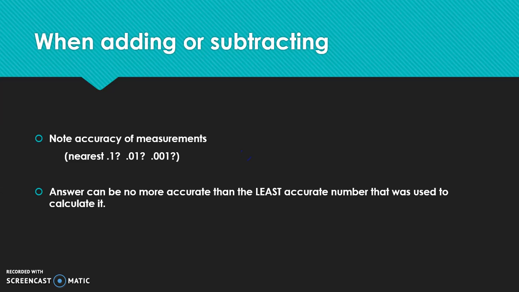The answer can be no more accurate than the least accurate number that is used to calculate it. So again, for adding and subtracting only, you have to determine the least accurate number and make sure that your answer is rounded to that place. So if it is 0.1 plus 0.001, your answer is going to have to be rounded to that least accurate, which would be 0.1.